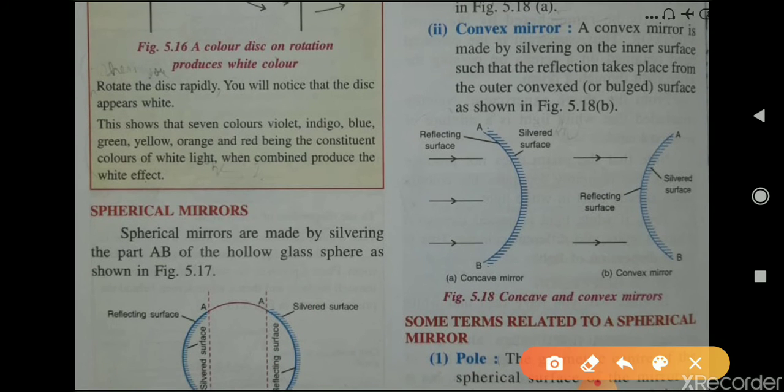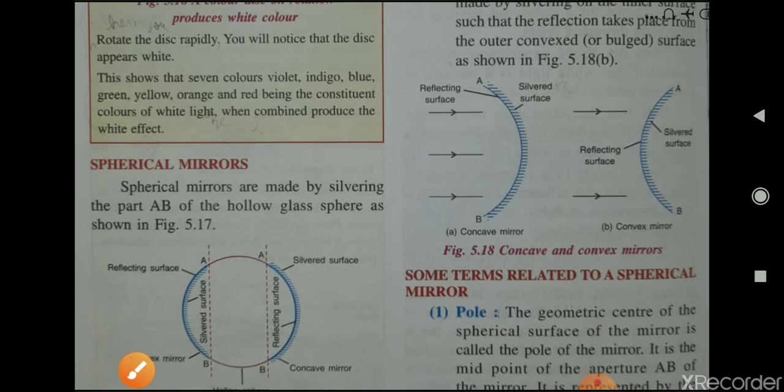And a convex mirror is when silvering is done on the inner surface of the part AB, and the outer surface is the reflecting surface. This type of mirror is known as a convex mirror.